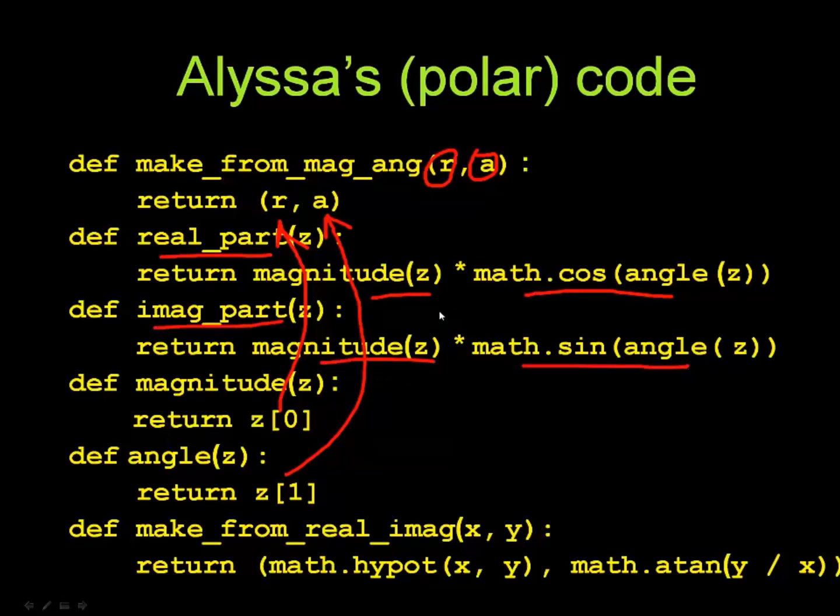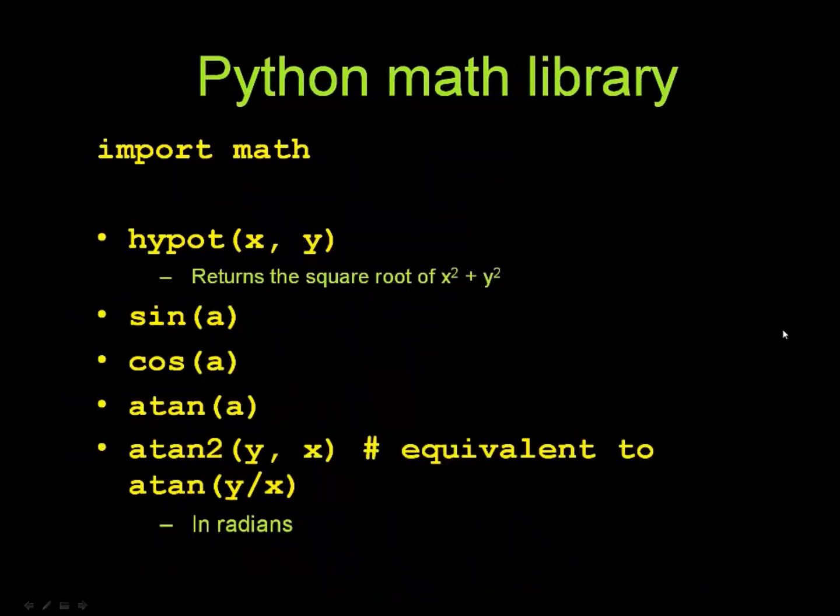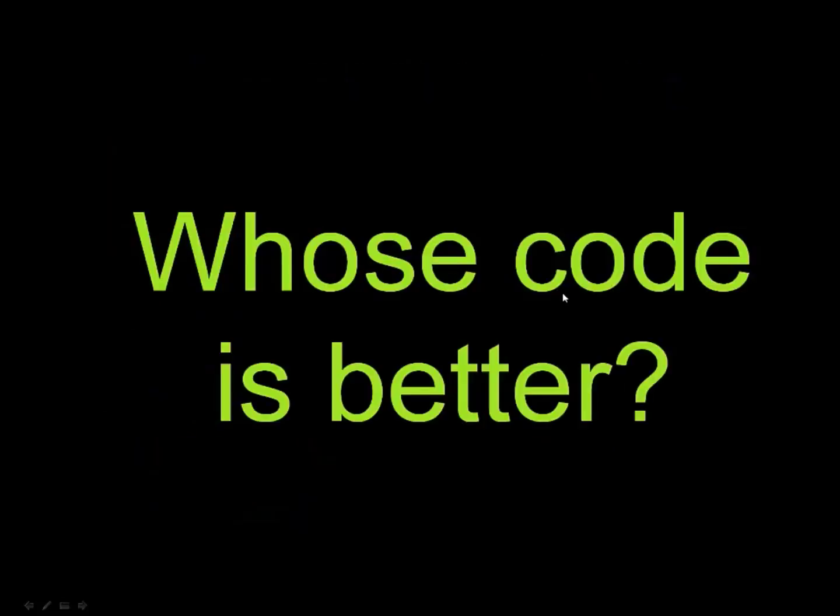For x and y, where the number is x plus yi, you can compute r and a. You can use the math library to do all these things, so you import math and use these functions. Now, whose code is better?